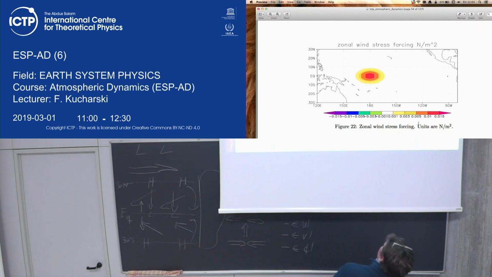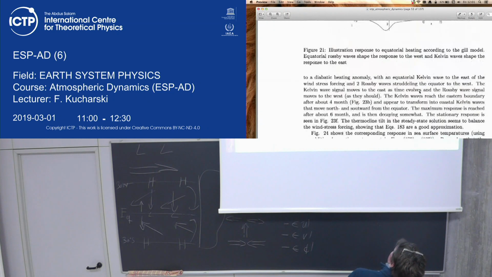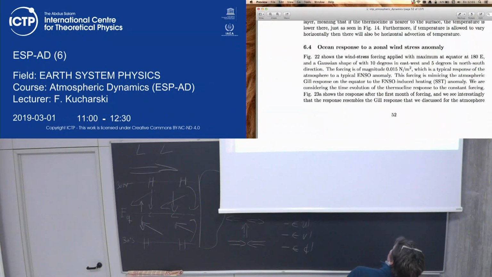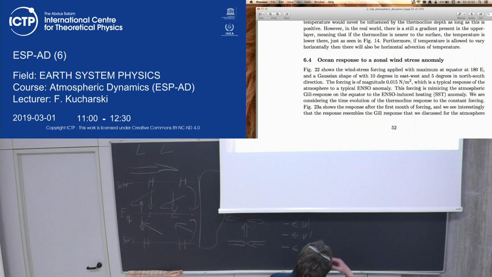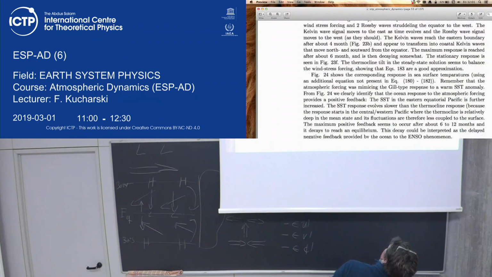So the ocean model that I've used, in principle, is what is called a reduced gravity model, and we want to understand now what that is.